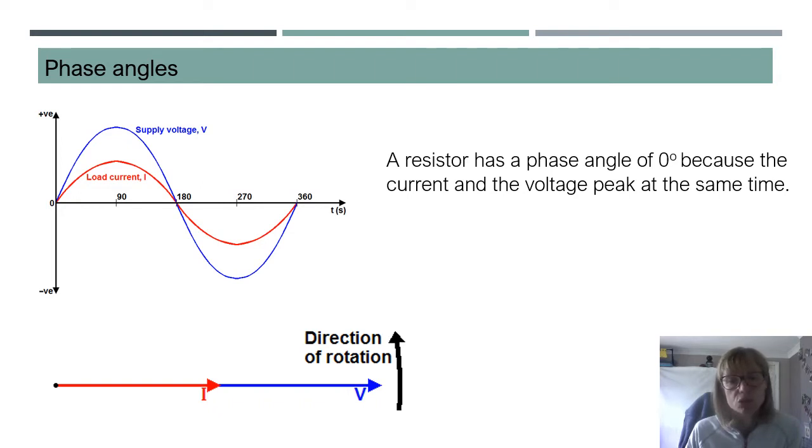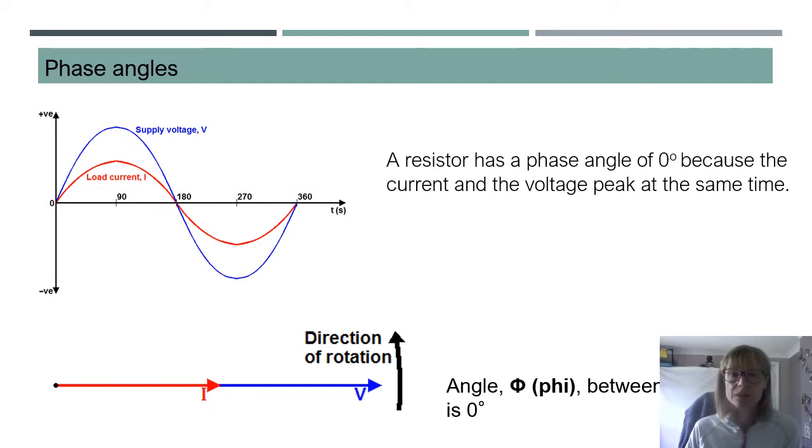You would then draw this line to represent the magnitude of the voltage of a corresponding length according to your scale. Now you can see they're both on the same line, and that's because there is no phase shift between these two. And this arrow here is your direction of rotation, and you must always include this arrow when you're drawing your phasor diagrams.